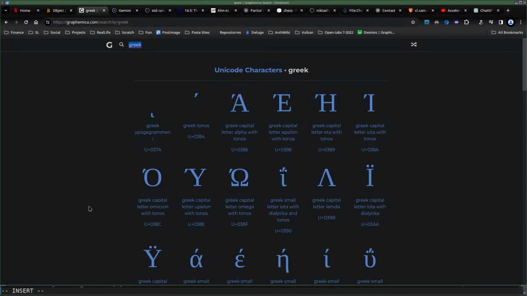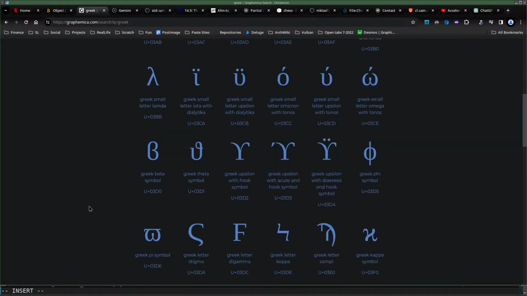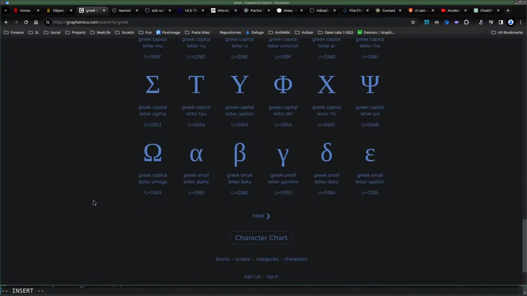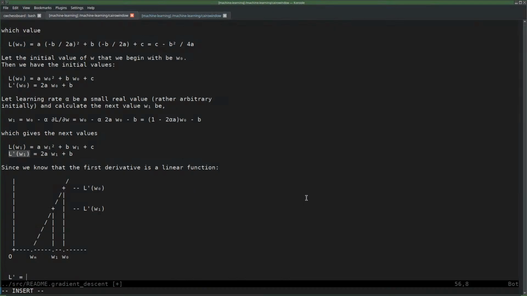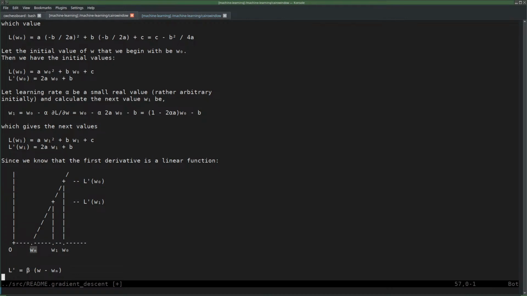Beta, probably. Greek beta looks very weird. This one, small, okay. Which is 0 at W equals Wm, the M for minimum.